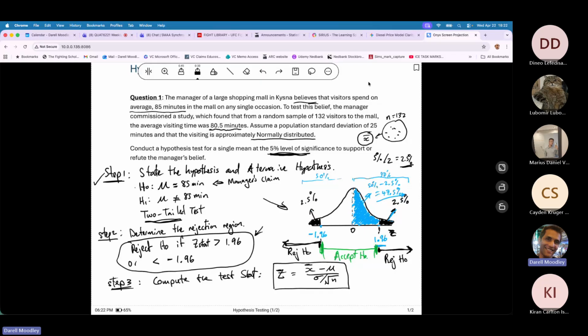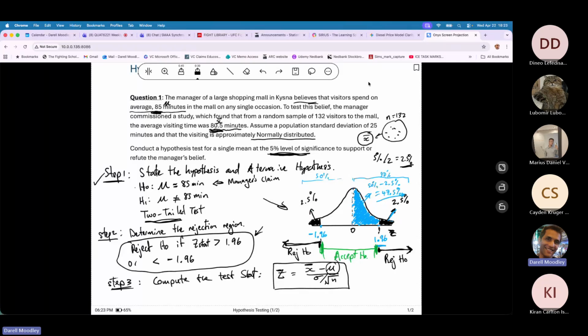Now for X bar, we're going to use 80.5 minutes. This is your X bar. All right. For mu in this equation, well, that's what the manager claims. That's 85. That's your mu, 85.